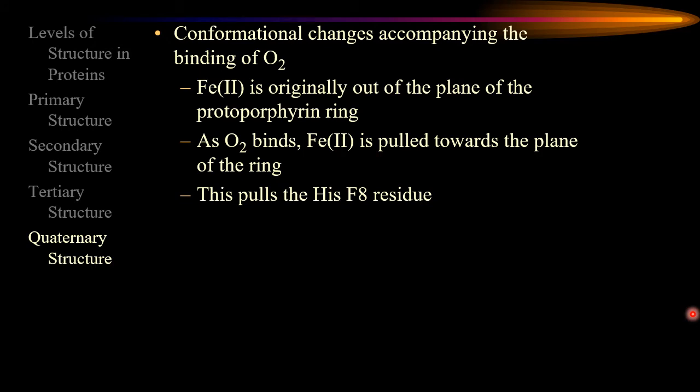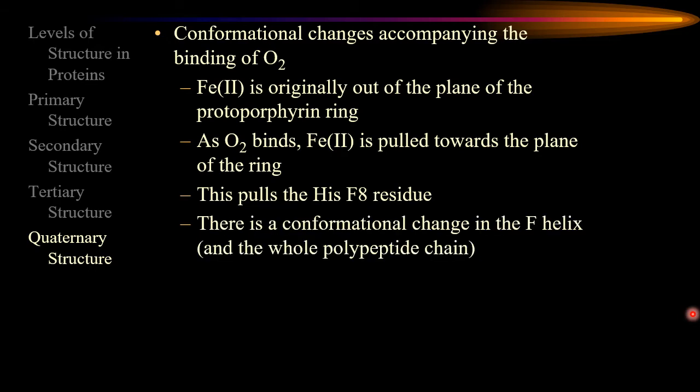Remember, the iron is connected to the histidine F8, so it pulls the histidine F8 residue. But the histidine F8 residue is not in isolation. It carries with it the whole F helix in the subunits, whether it's myoglobin or any of the subunits in hemoglobin. So we can say that there's now a conformational change in the F helix, and therefore also the whole polypeptide chain.